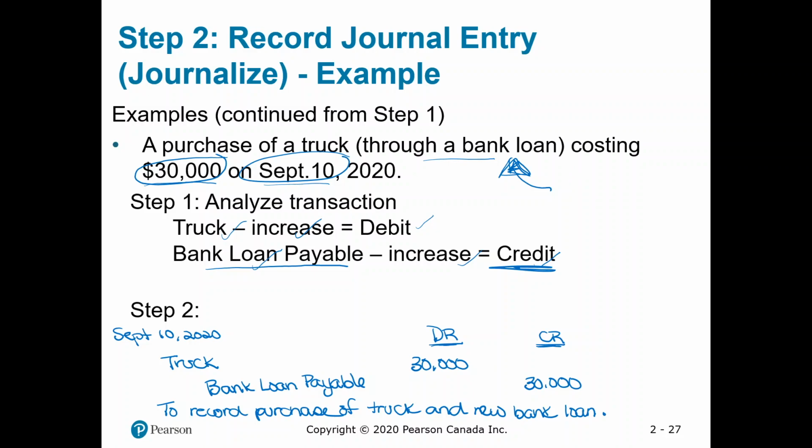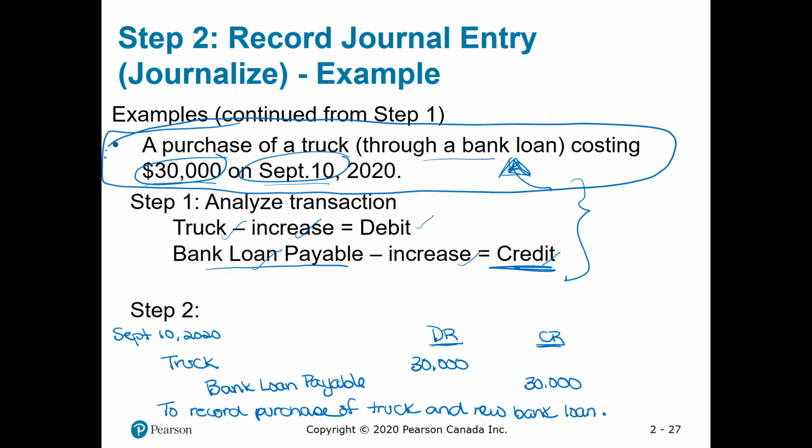Okay, so that is step 2. We've done all of this work already in our analysis as we were going through it, but typically when you get to a question in the textbook, you'll just see this: a purchase of a truck through a bank loan costing this amount on the date. You're just thinking through these steps, and it will ask you to record the entry, and all you're going to write down is what you see here for step 2.